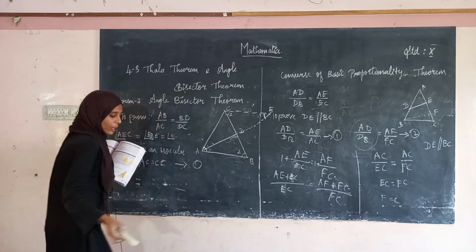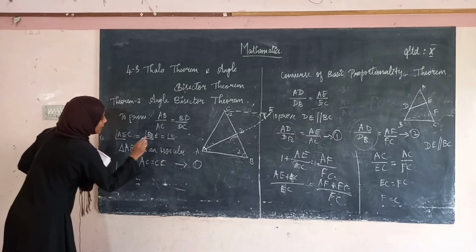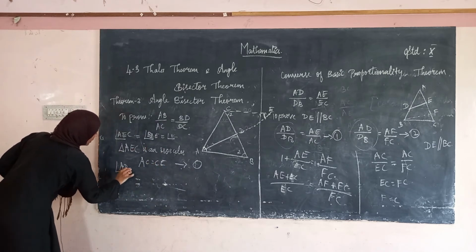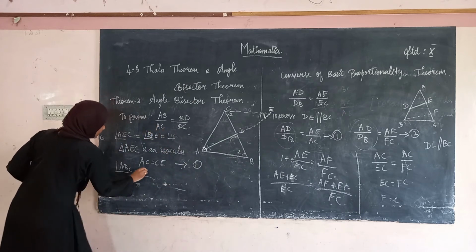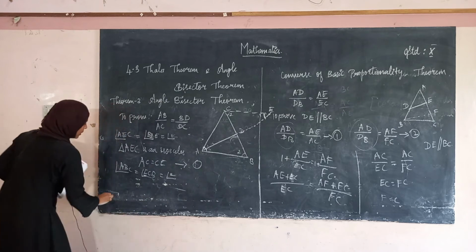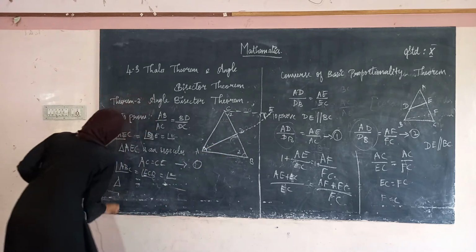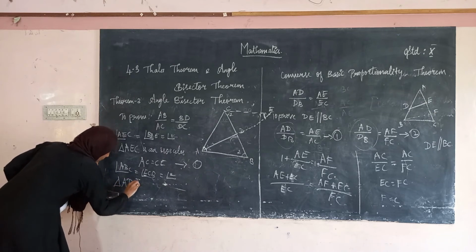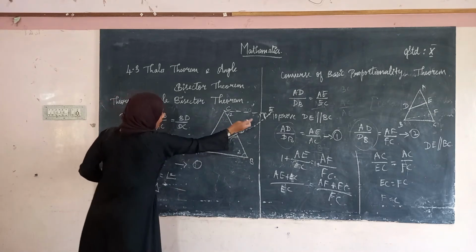Therefore, you have to write that also. Angle ABC is equal to angle ECB, which is equal to angle 2. Then triangle ADB is similar to triangle CDE.